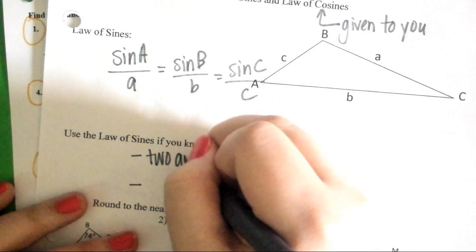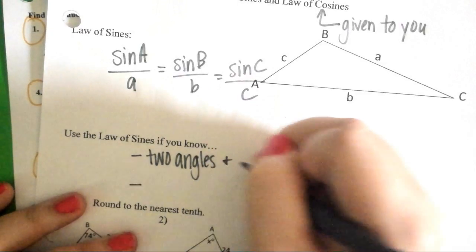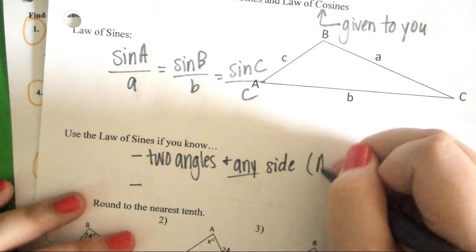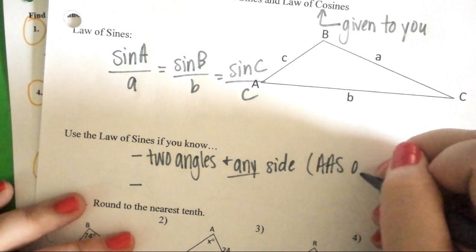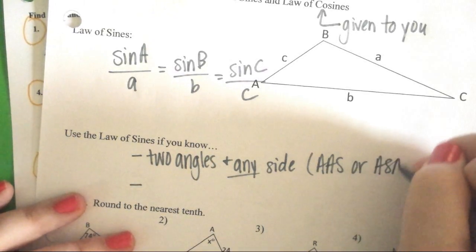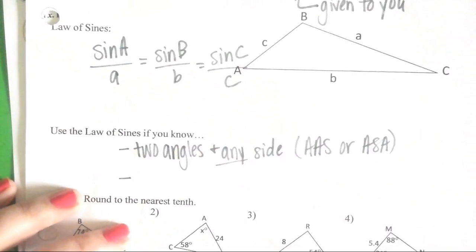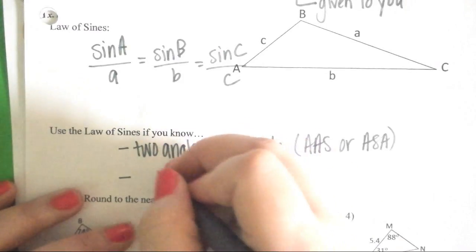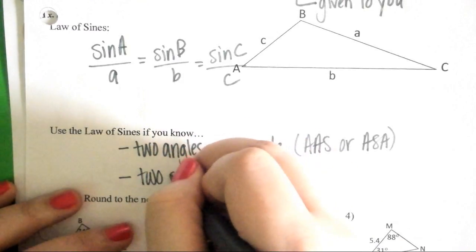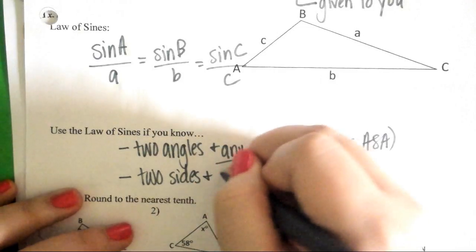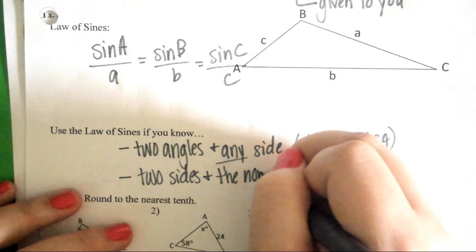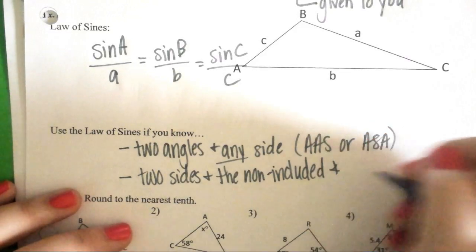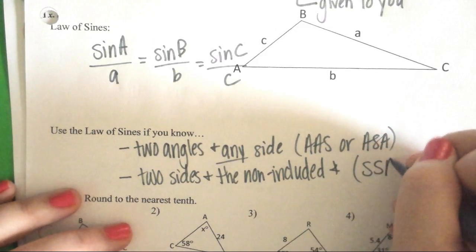You can use the law of sines if you know two angles and any side. So that would be, if we're thinking postulates, AAS or ASA. You can also use the law of sines if you know two sides and the non-included angle, which is technically the bad word, so I'm going to put it backwards.